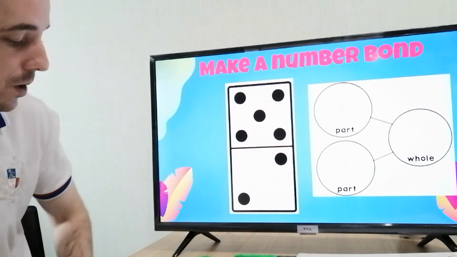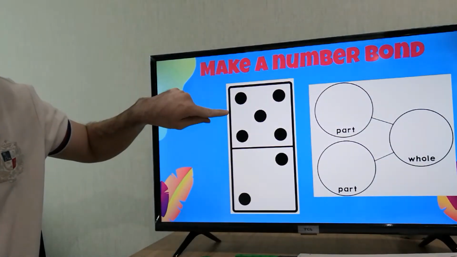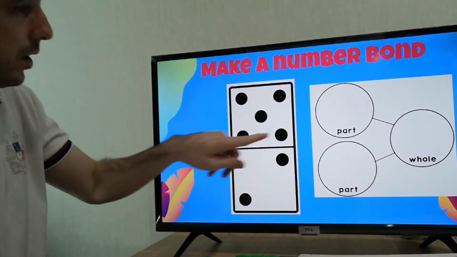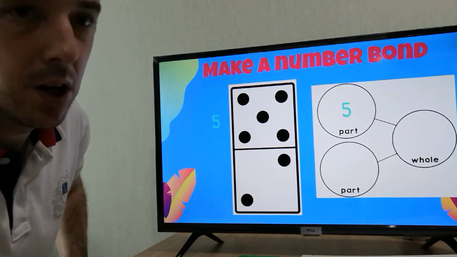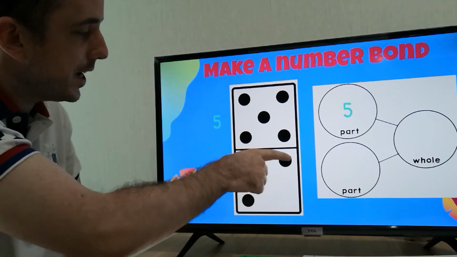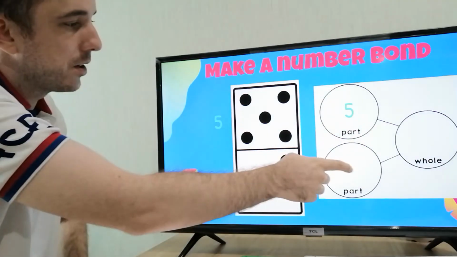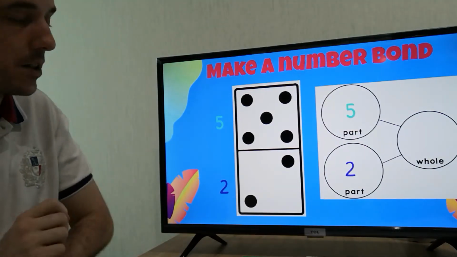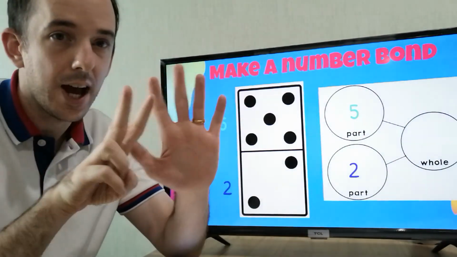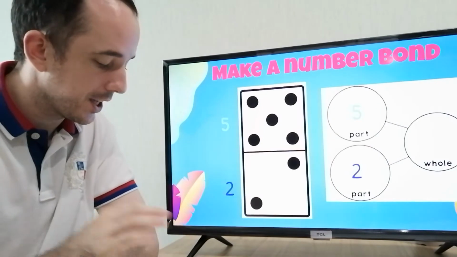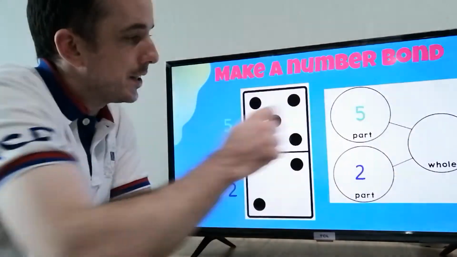And here's another one. So we can count how many black dots do we have in here. We have 1, 2, 3, 4, 5. We can count how many black dots in here. 1, 2. We should have 2 black dots in here. And again, 5 and 2 together should give me 7.